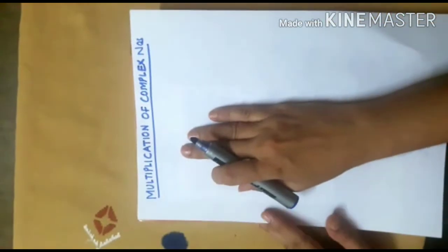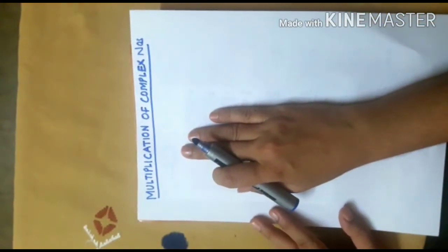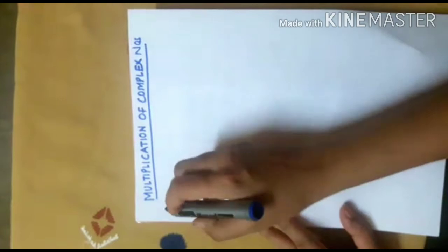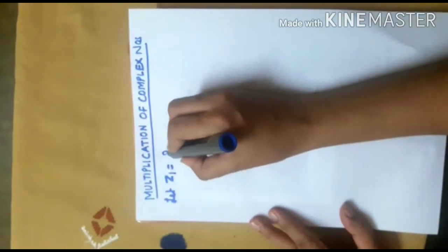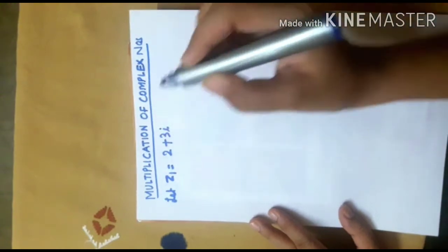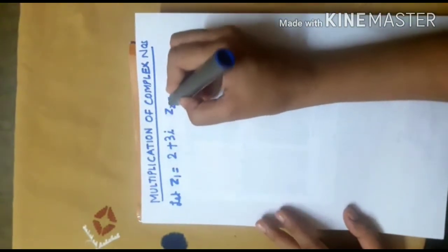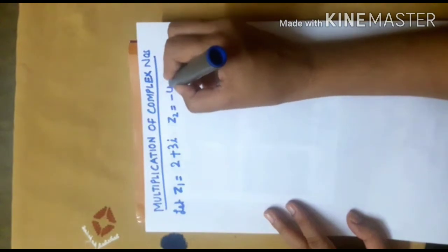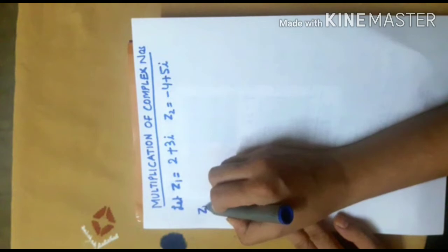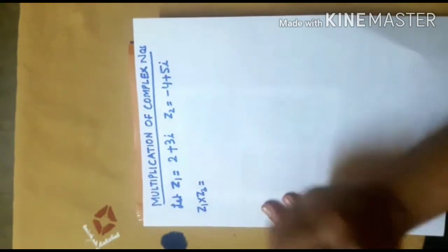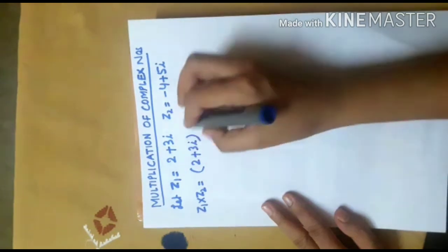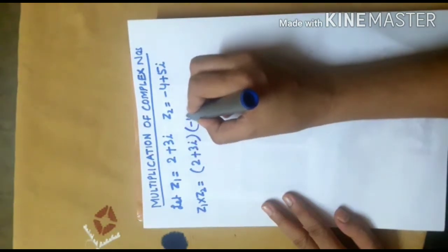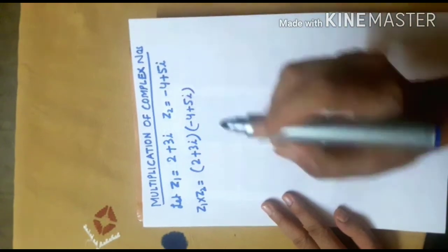Now we will discuss multiplication of complex numbers. I'll explain it through an example. Let Z1 be equal to 2 plus 3 iota, Z2 be equal to minus 4 plus 5 iota. We need to find out Z1 into Z2, that is 2 plus 3 iota into minus 4 plus 5 iota.